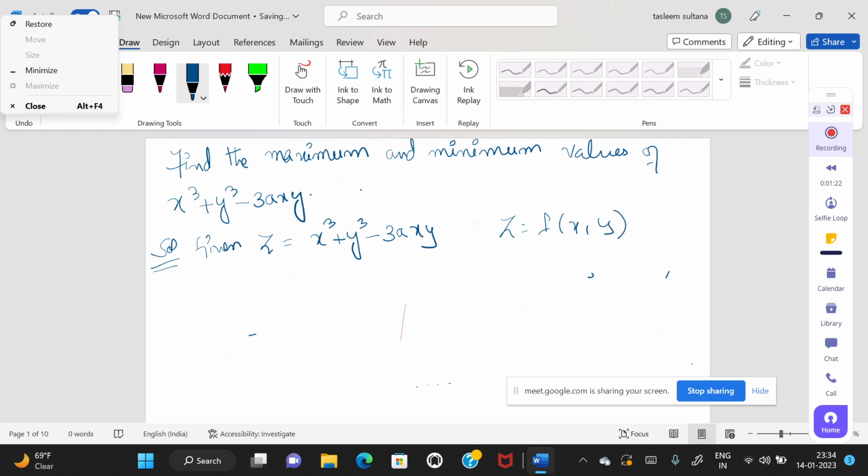Now what we will do is partially differentiate this equation with respect to x and with respect to y.